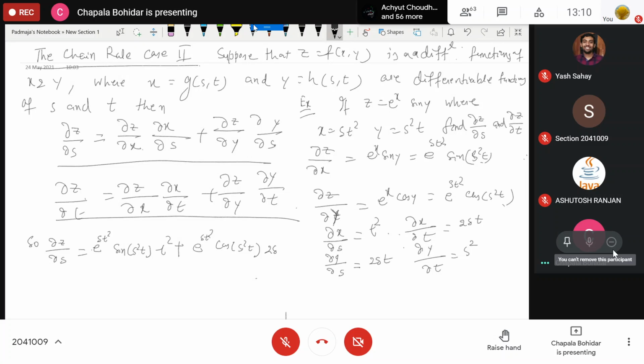Similarly, del z by del t is equal to del z by del x, e to the power s t square sin s square t, times del x by del t, 2st, plus e to the power s t square cos s square t times del y by del t, which is s square.